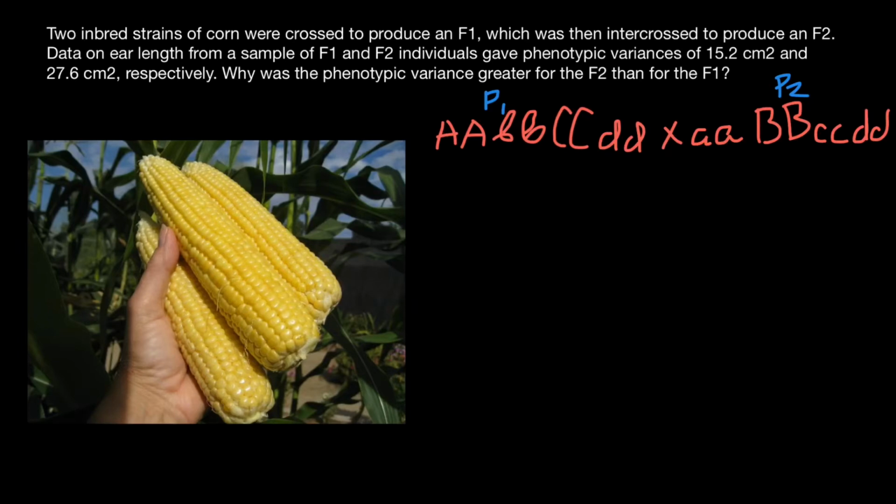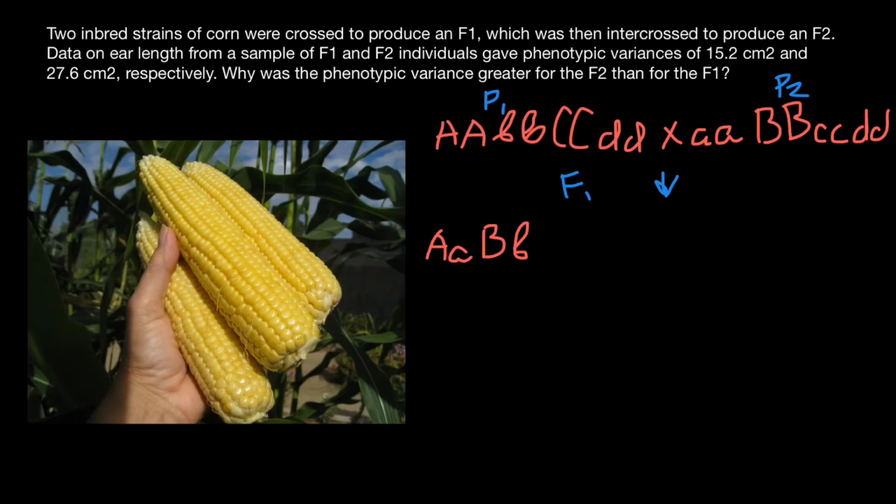And what's going to happen in the F1 generation? So here is the F1 generation, and this is the parental generation. The F1 generation is going to be hybrids. So for the gene A, this generation is going to inherit from parent 1 the dominant allele, from parent 2 the recessive allele A. For the gene B, it would inherit the dominant allele from parent 2 and the recessive allele from parent 1.